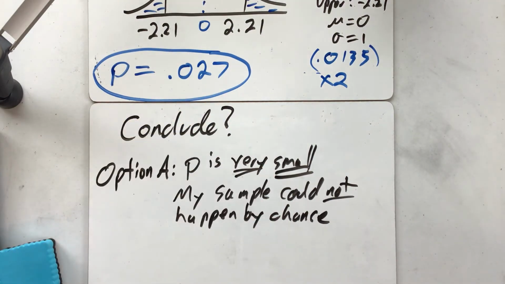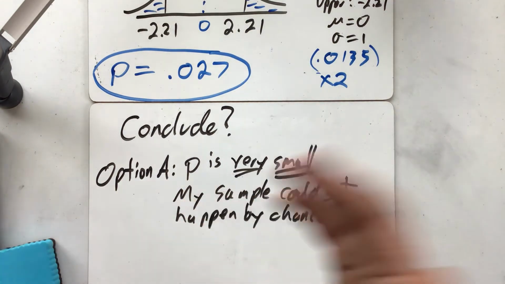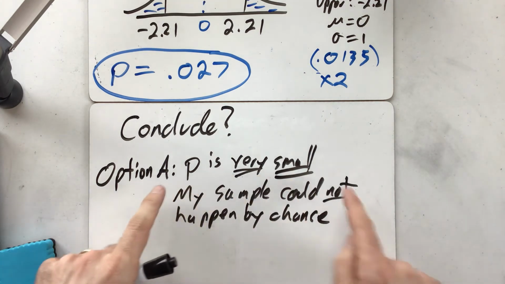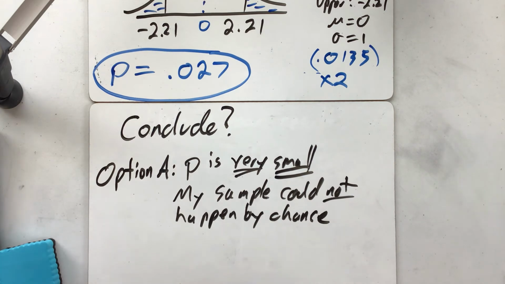So that's 2.7%. So that means if I were to just randomly gather 50 drivers and the real average was 67 with sigma of 4, I would have a 2.7% chance of getting the number 65.75 or smaller, getting something this extreme just by chance. And so if your P is very small, we say this sample could not have happened by chance.